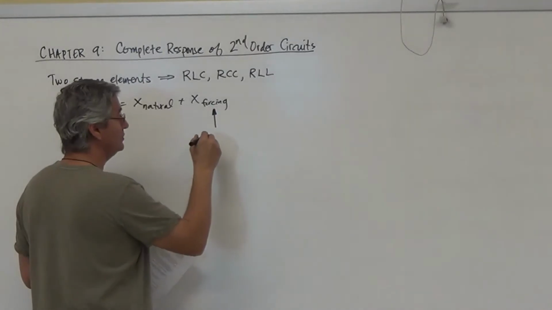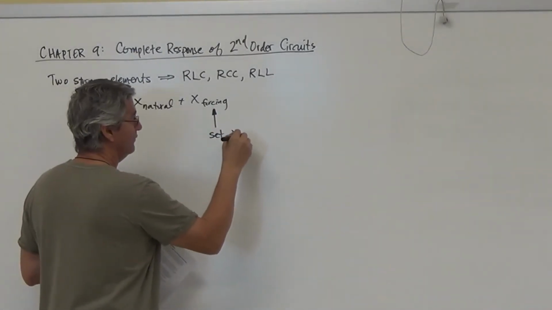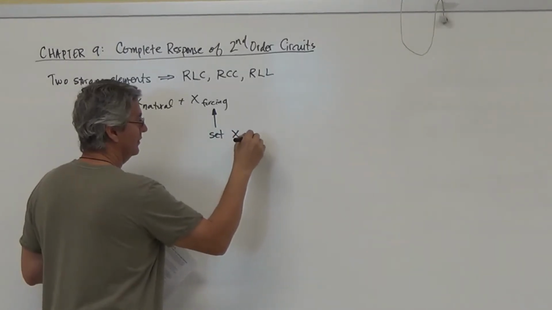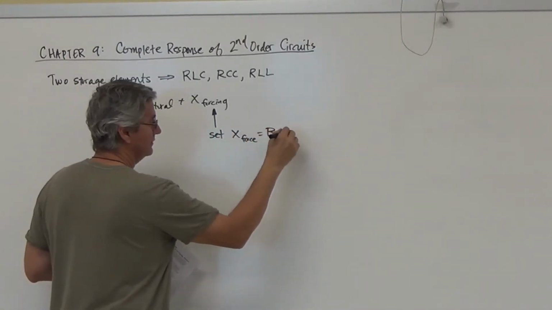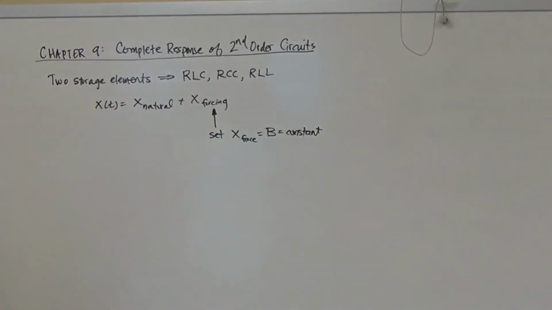We're always going to set the forcing response to a constant. I am not going to do anything like we just did on a second order circuit. The algebra is just too much.